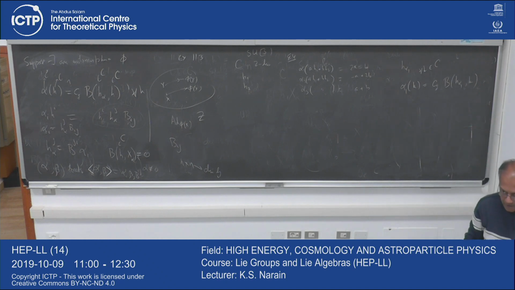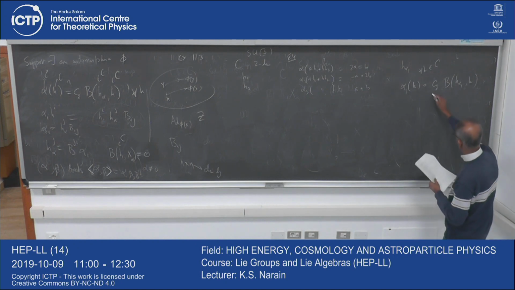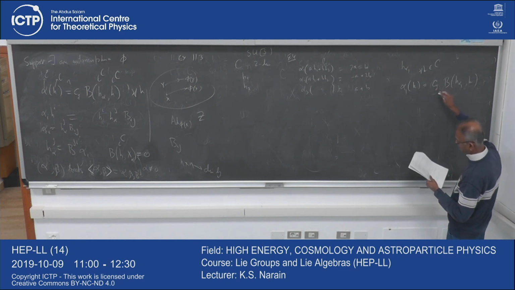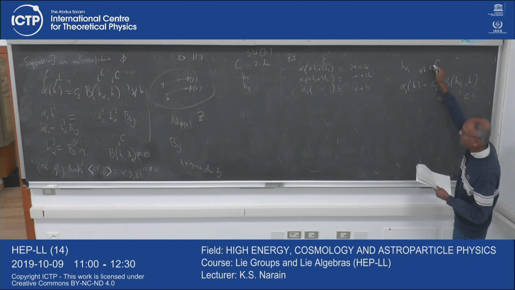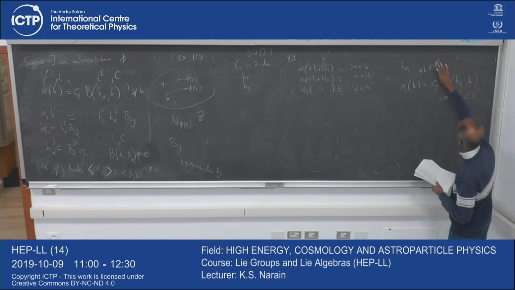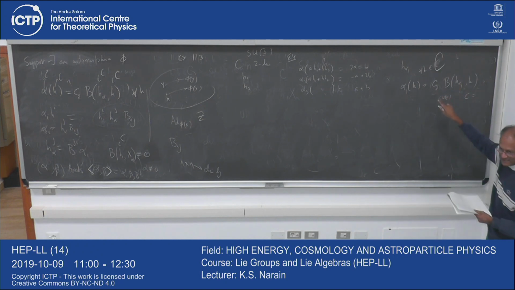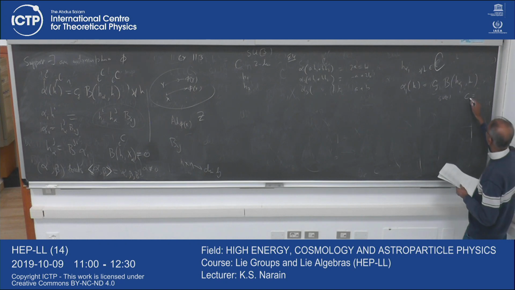That is the defining equation. By the way, the convenient number for SU(N) is simply 1 over 2. This C, don't confuse it with the Cartan subalgebra; this is a complex number, small c, just a number. For SU(N) it is taken to be 1 over 2.